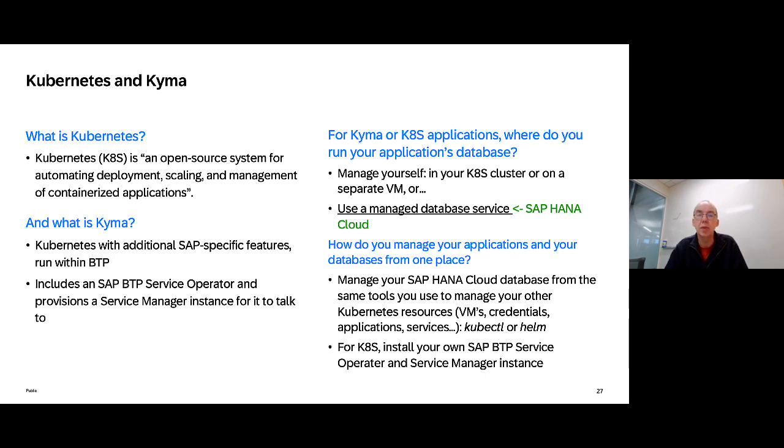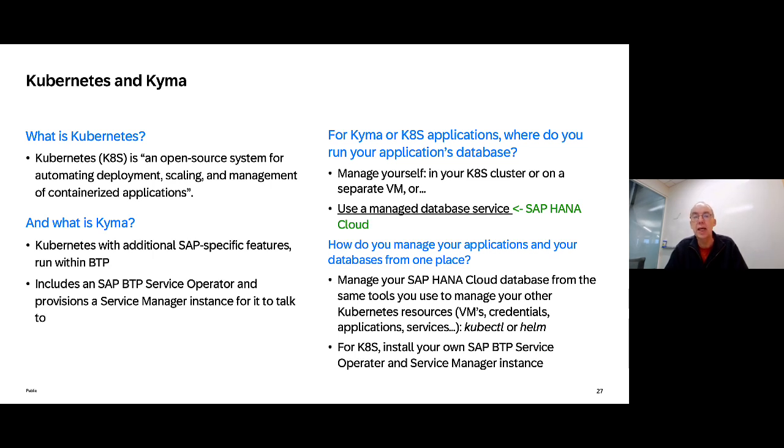Kubernetes is, as it says here, a system for automating management of containerized applications. Some SAP customers will already have Kubernetes landscapes outside BTP, or maybe use Kyma. Kyma is basically Kubernetes integrated into BTP, so there are some extensions to provide things like integration with BTP Cockpit and with other BTP features.